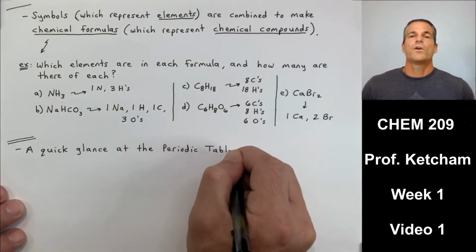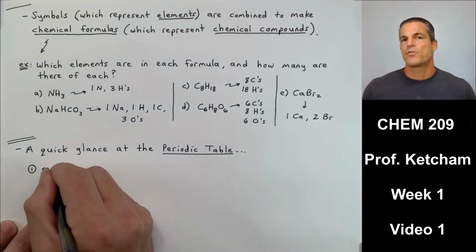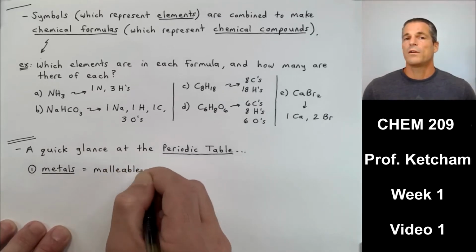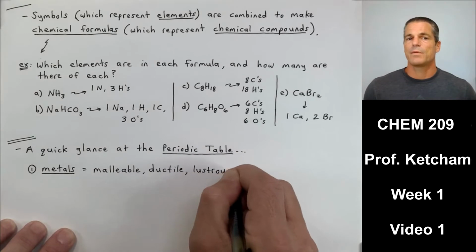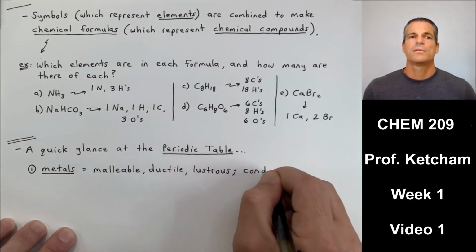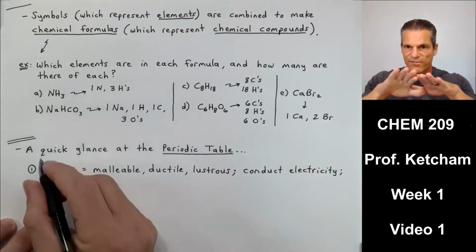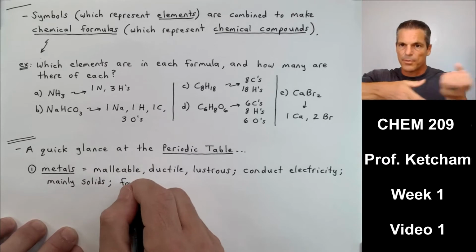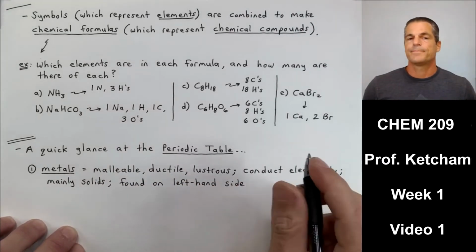All right, so further delving into the periodic table, we're going to break it down into 3 main sections. Number 1 are the metals. Metals are the most abundant type of element on the periodic table. These guys are malleable, which means you can hammer them into thin sheets. You can flatten them out like aluminum foil. Ductile means it can be drawn or pulled into a fine wire. Lustrous means they're shiny.